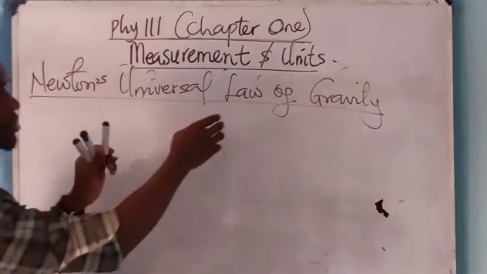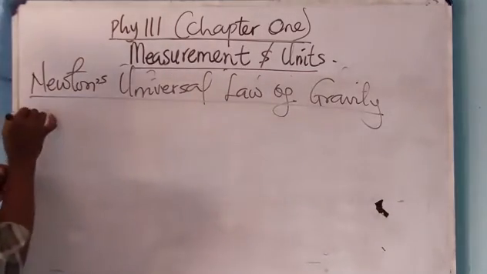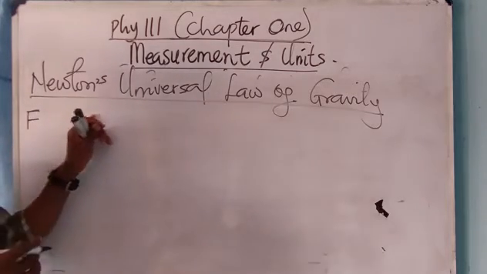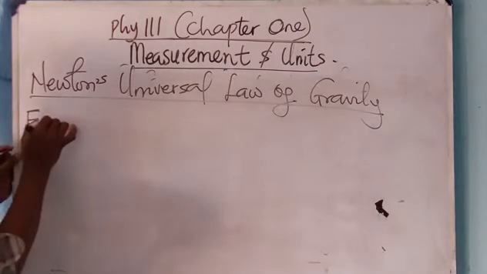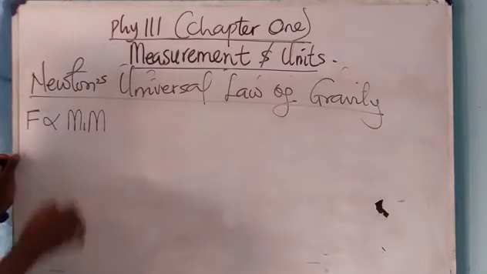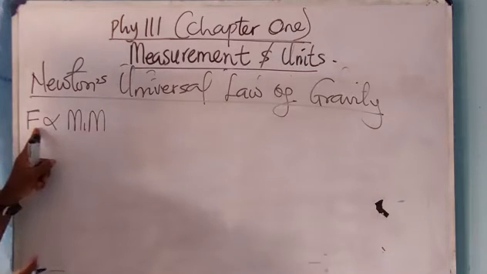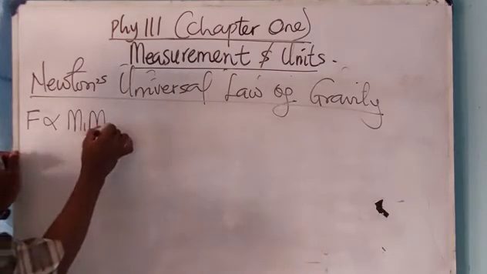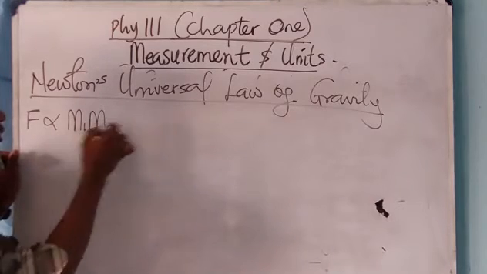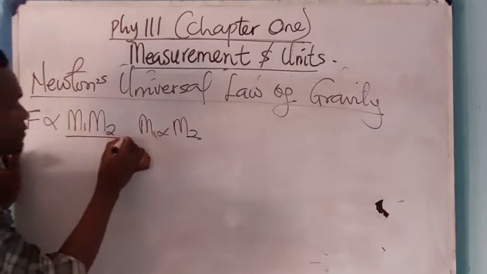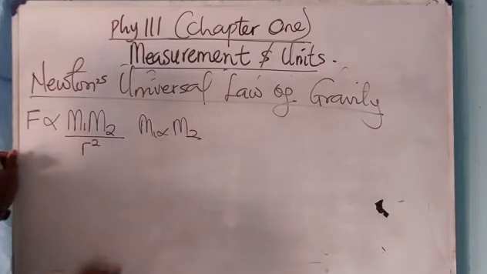the force of attraction between mass 1 and mass 2 is directly proportional to the product of the masses, m1 times m2, and inversely proportional to the square of the distance that separates them apart.